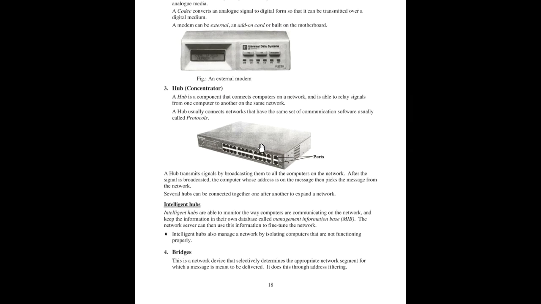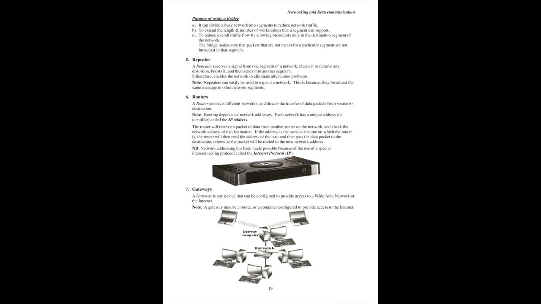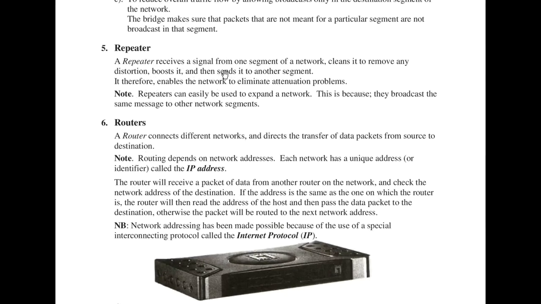Then we can proceed to the next one. We have a repeater. What is a repeater? You remember that if you are transmitting your signals from one building to the other, or from one place to the other, the signal weakens.